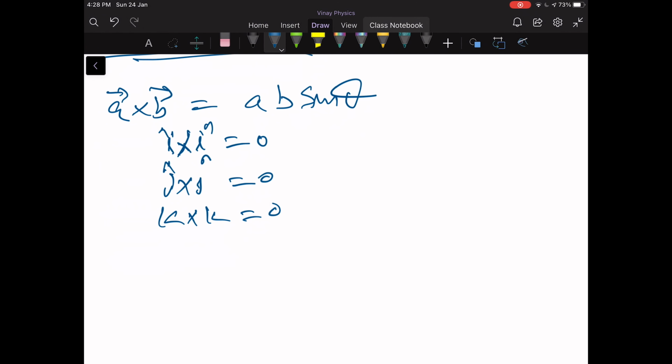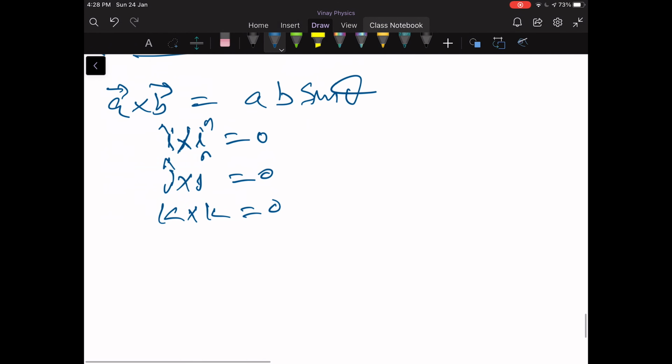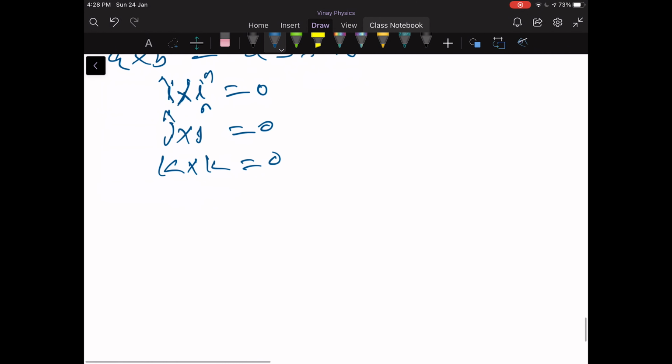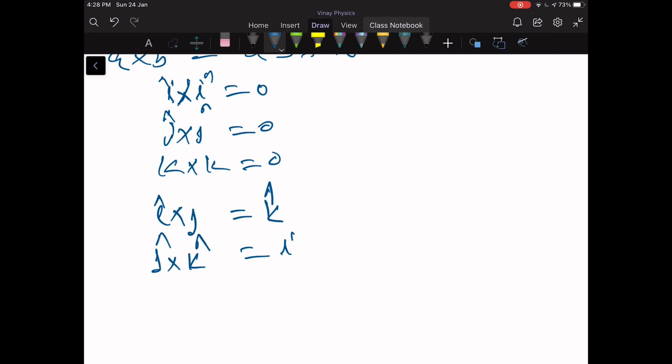The other thing that we need to understand is that the cross product of perpendicular vectors will be orthogonal to both of them. What that really means is that i cross j will be k, j cross k will be equal to i and k cross i will be equal to j.